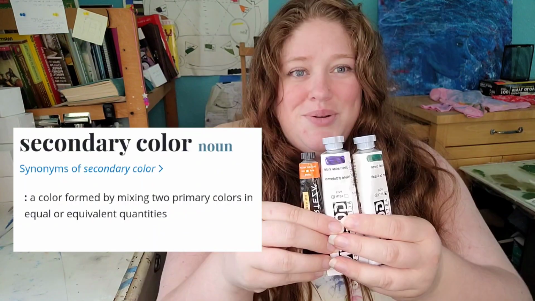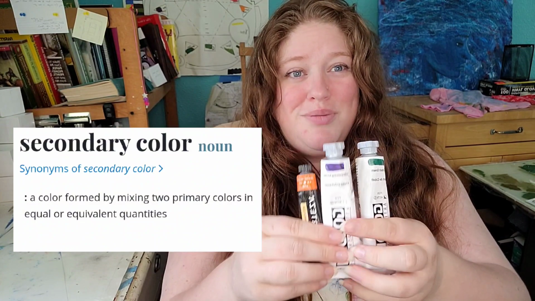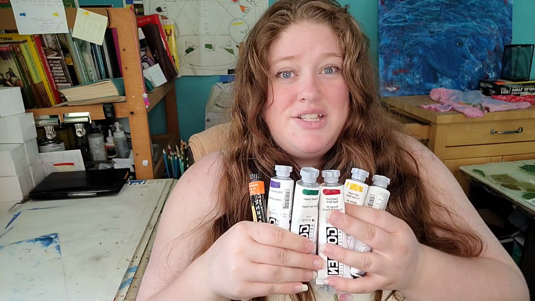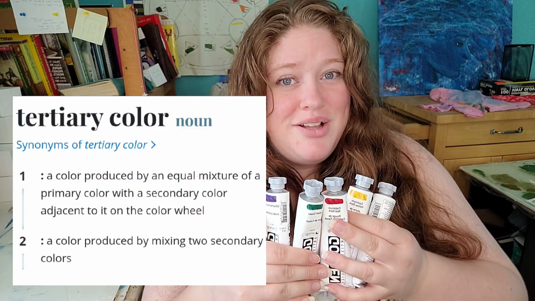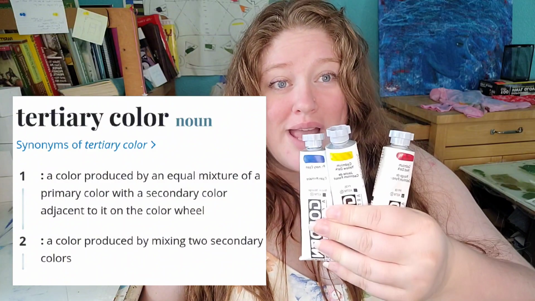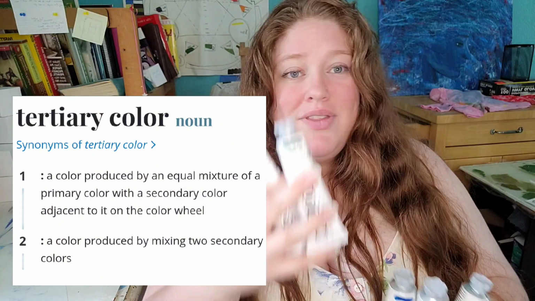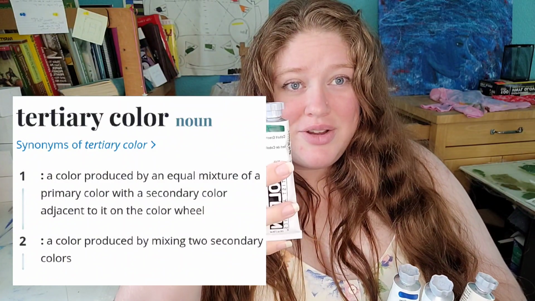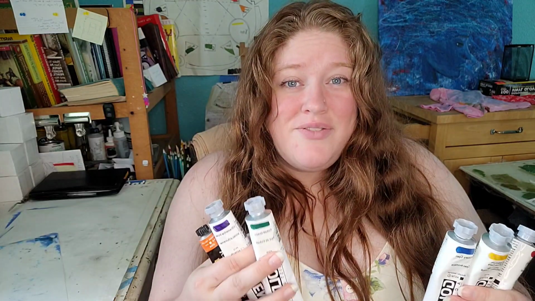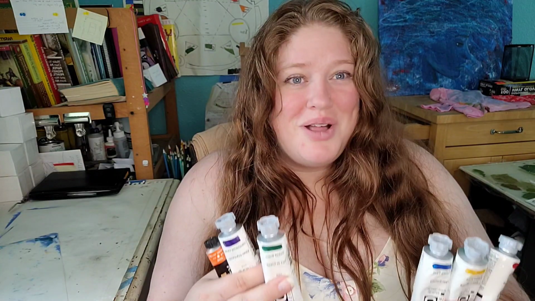And with these primary colors, you can make secondary colors, orange, purple, and green. And to expand on those colors even more, you can mix to make tertiary colors by mixing any primary color with any secondary color, adding even more depth to our arsenal of colors.